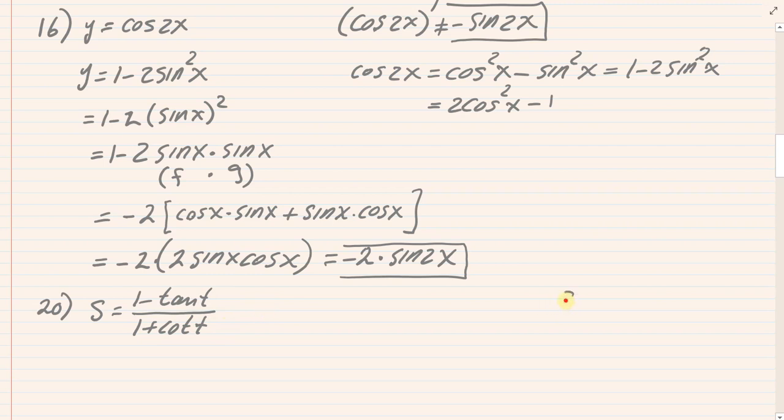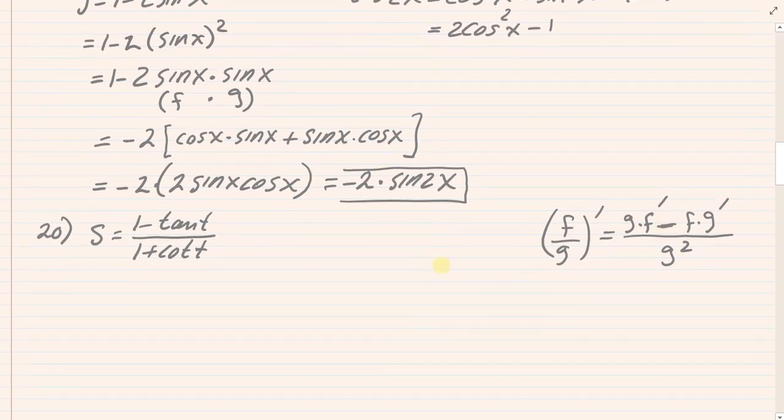Remember the quotient rule, I put it here on the side. f over g prime is, you square the denominator, repeat the denominator, derivative of the numerator minus numerator times derivative of denominator. It has to be in that form because in the numerator, subtraction is not commutative, so I can't swap it and write fg prime minus gf prime. That won't work.